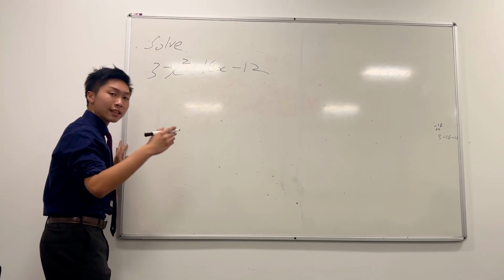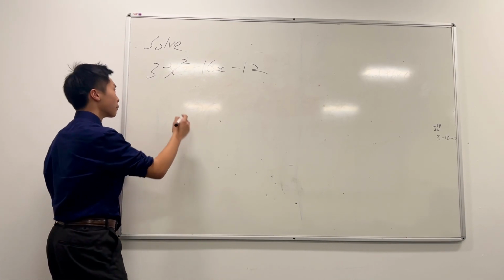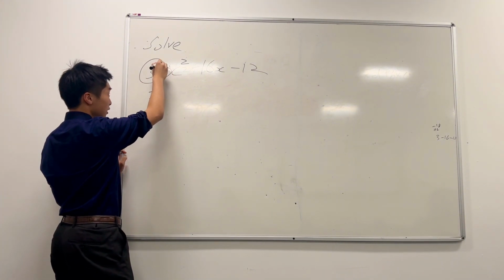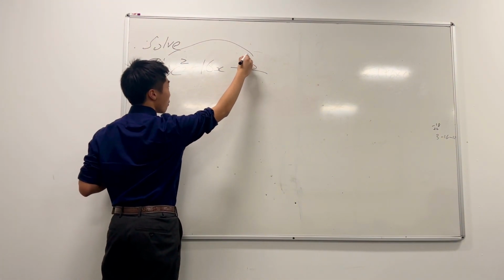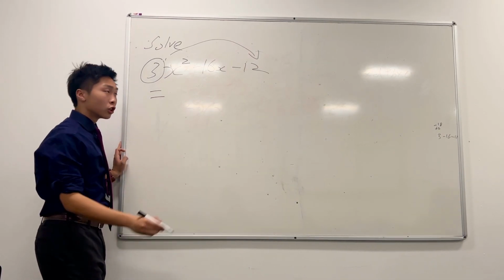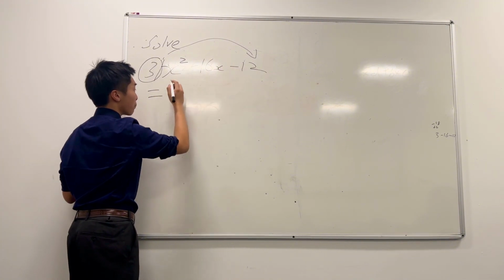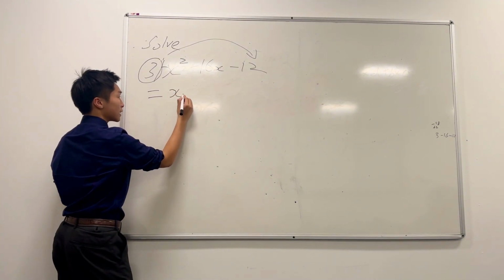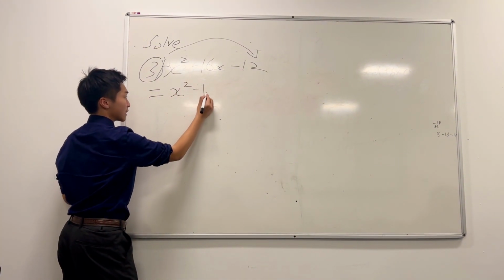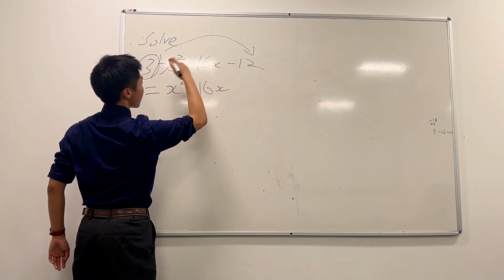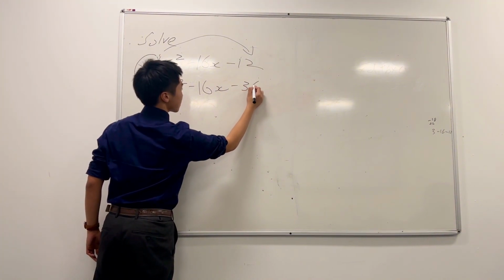So what you do, listen very carefully, because if you mess up, your answer will be completely wrong. You take this, you multiply it by the number at the back. So it takes away the coefficient from here, but you times it at the back, which means what you will get is x squared minus 16x minus 3 times 12, 36.